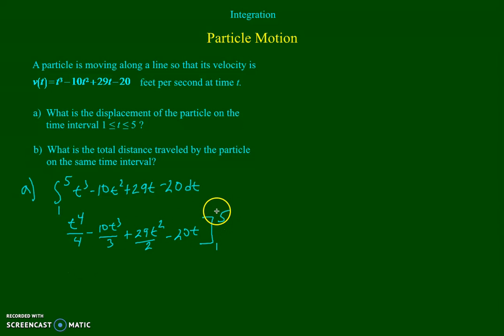Evaluating this expression at 5 gives us 25 twelfths, minus evaluating this expression at 1, which gives us negative 103 twelfths, which simplifies to 128 twelfths, which is the same as 32 thirds.